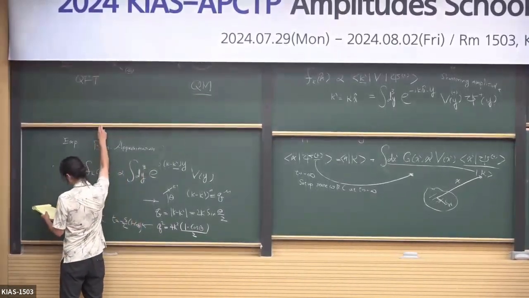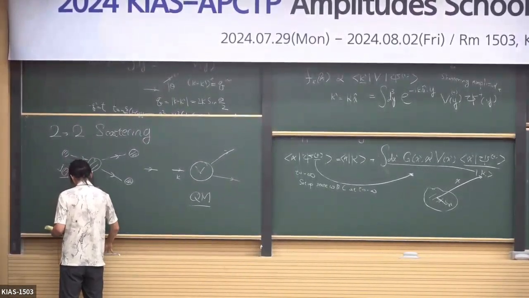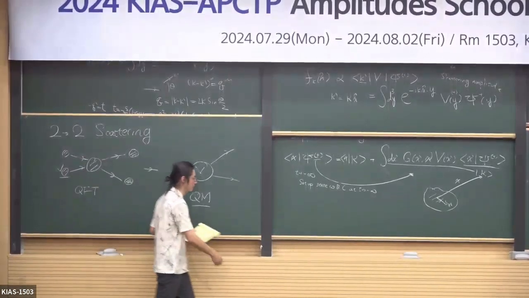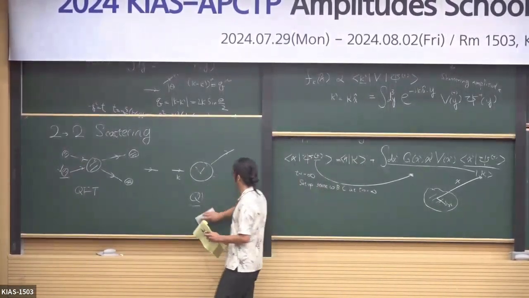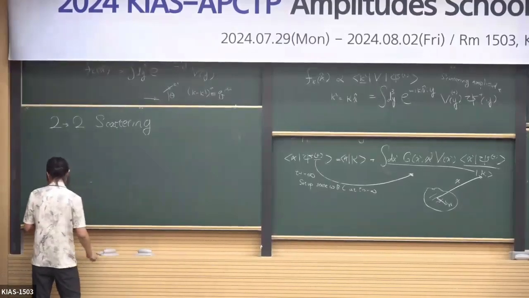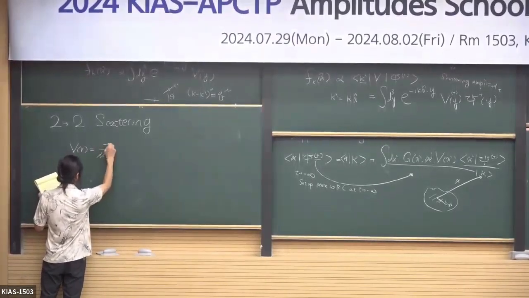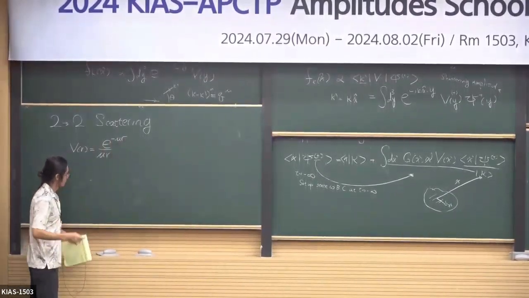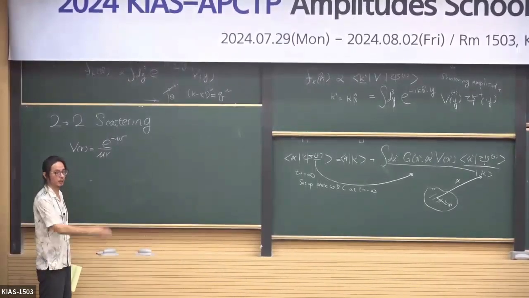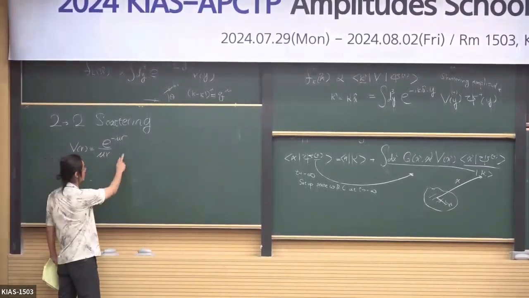Good. So let's consider a very simple potential, the Yukawa potential, which is V(r) equals e to the minus mu r over r. Formally, for those of you who are familiar with quantum field theory, you know that the Yukawa potential is the potential that is sourced by exchanging a massive particle, where this mass is related to mu.